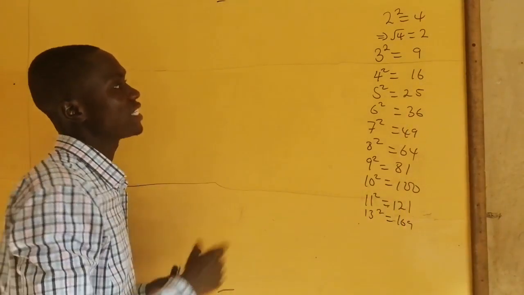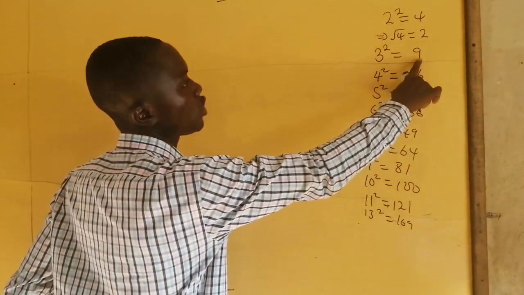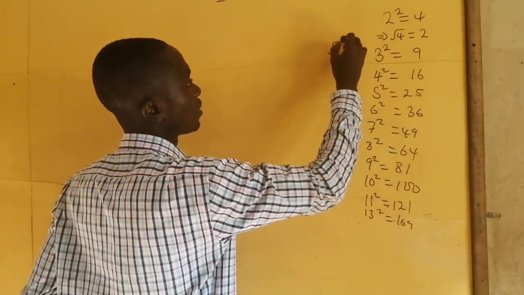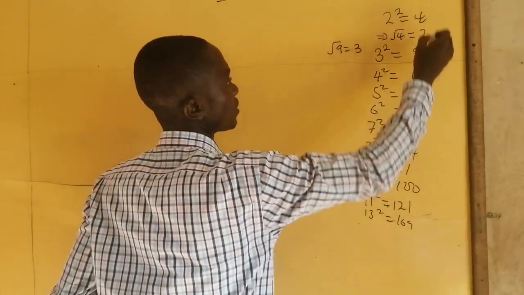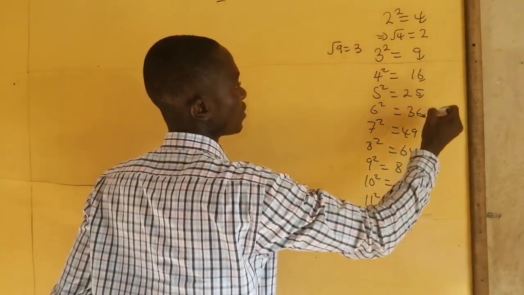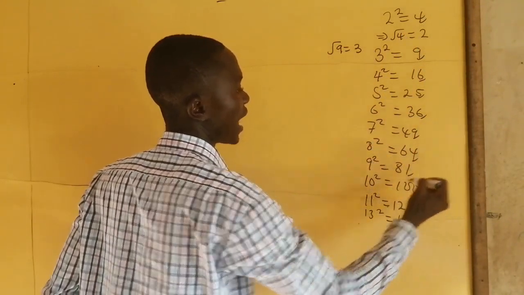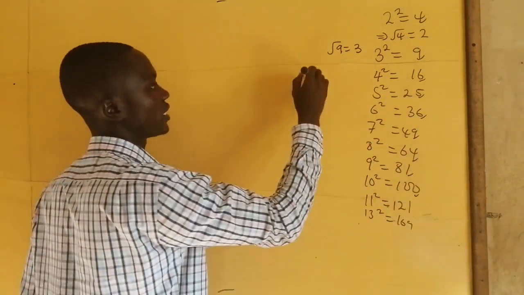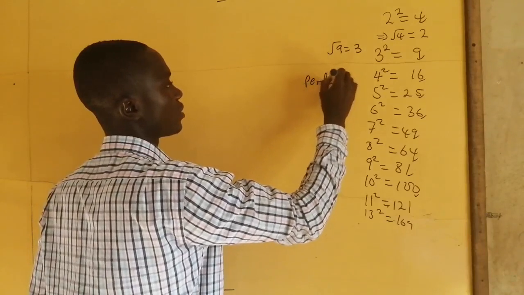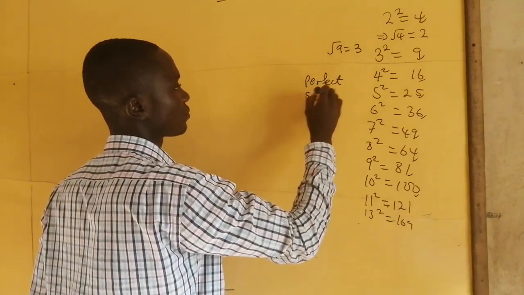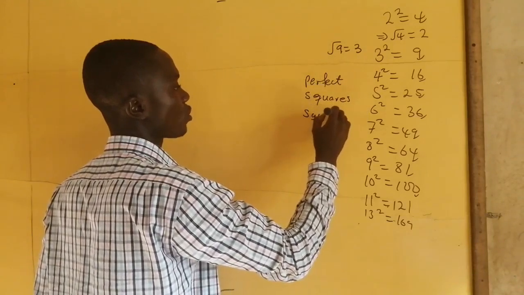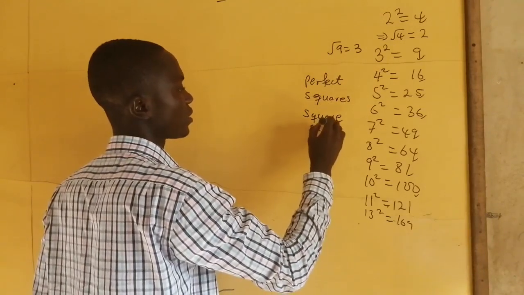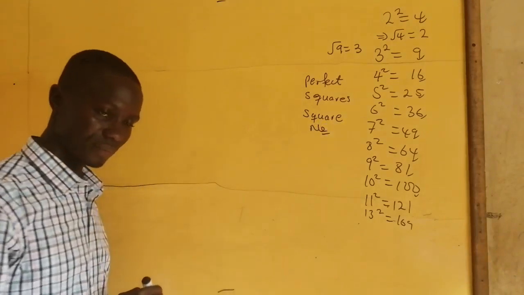Now, this implies that if I take the square root of 9, the answer is 3. So these numbers are called perfect squares, or they are called square numbers.